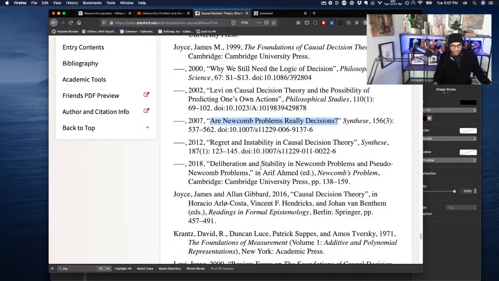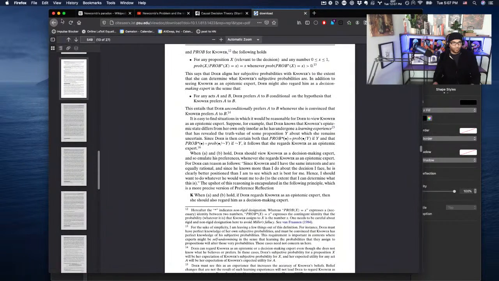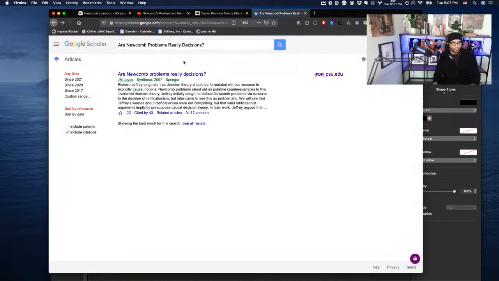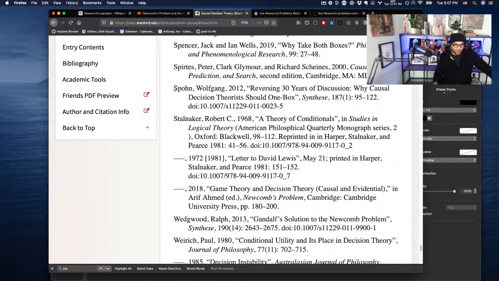There is a rich literature here. So we've got this James Joyce guy. Oh, who was the other one? Spohn or something? Spohn. Great.